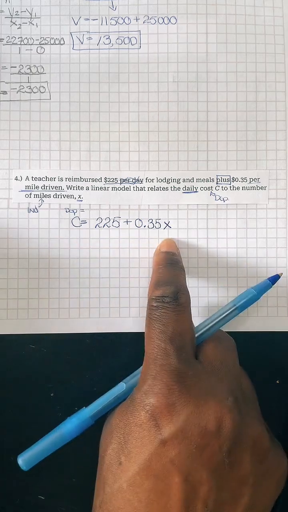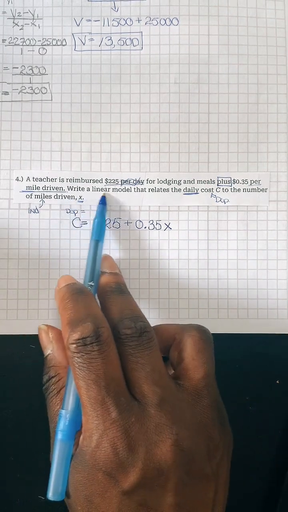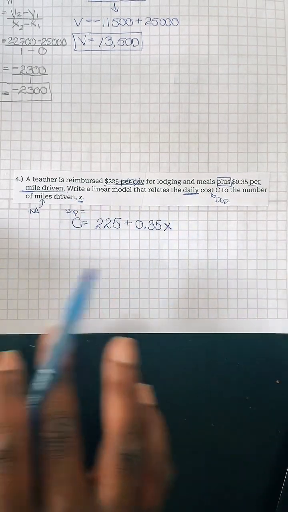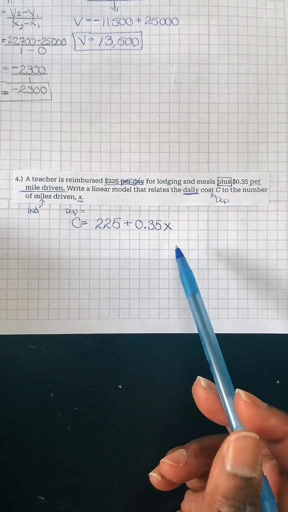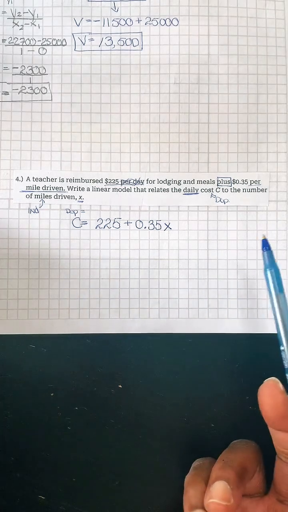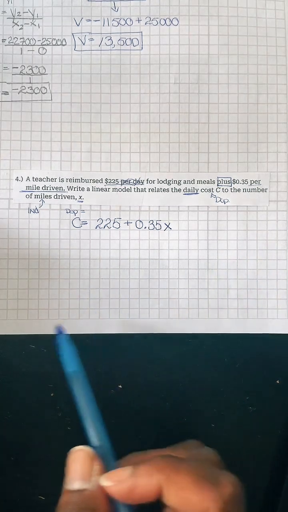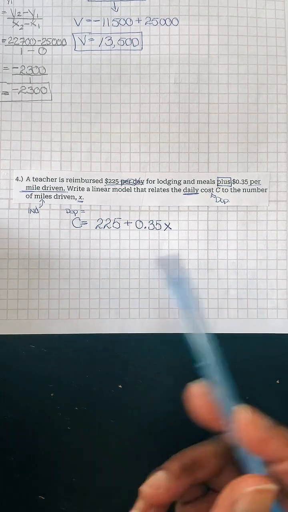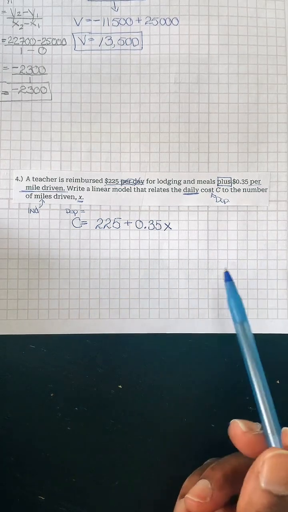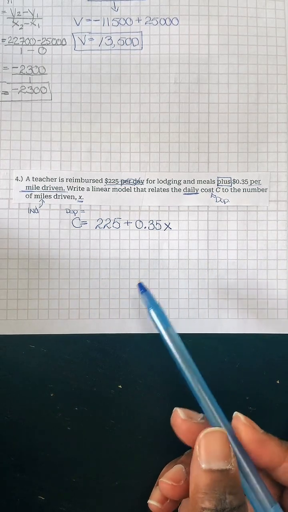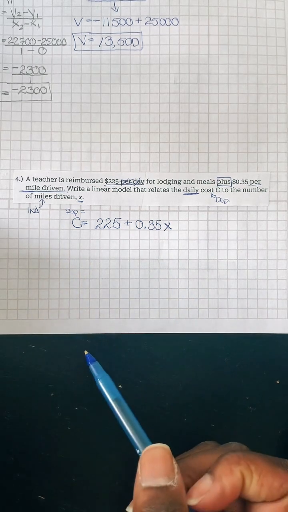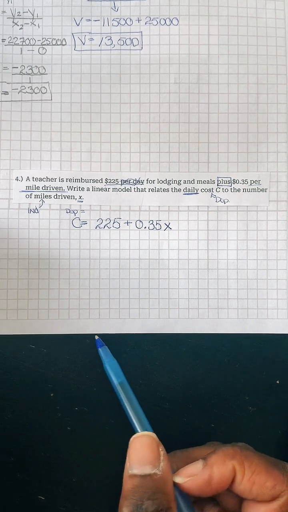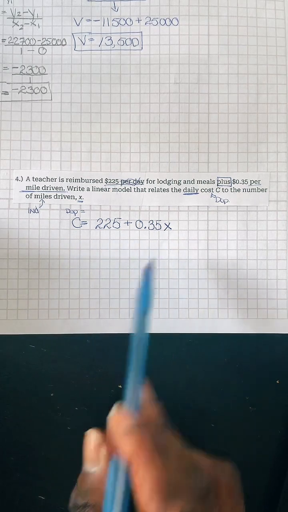So this is all we had to do because we just had to write the linear model. That was it. If it asked us, well, how much would it cost to drive 10 miles? Where would I put the 10? If I did expand on this and say, how much would it cost for the teacher to drive for 10 miles, where would I put that 10 in my equation?